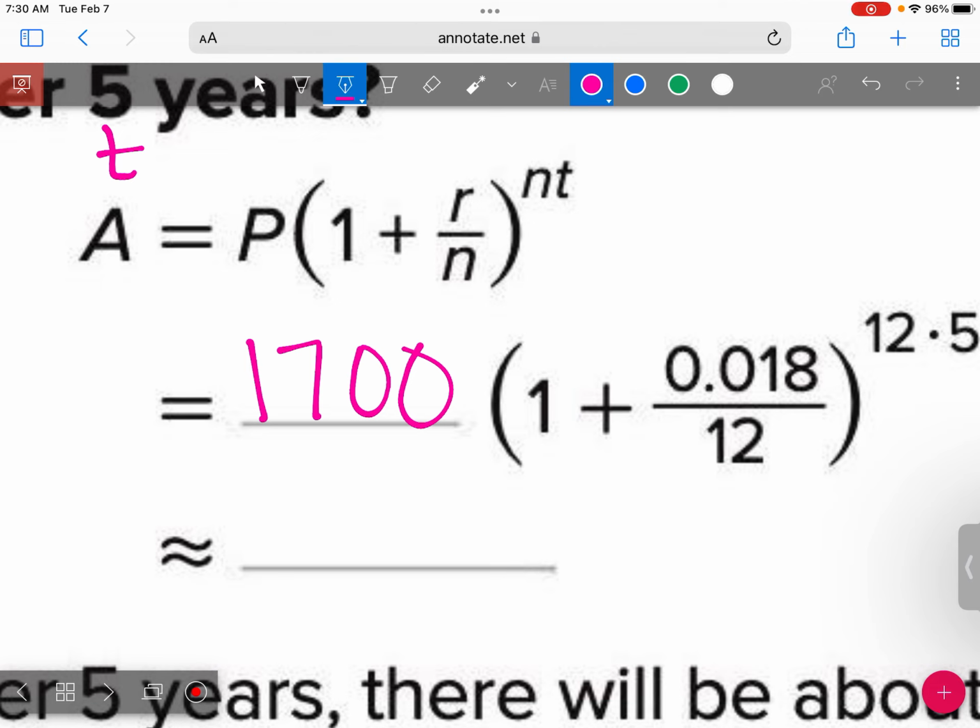The decimal, yeah. We have to take our interest percent, our rate, which is most likely going to always be given in a percent, okay? But we have to take this and put it into a decimal, okay? So 1.8%, how do you change it to a decimal? How many decimal places do you go? 2, yep.